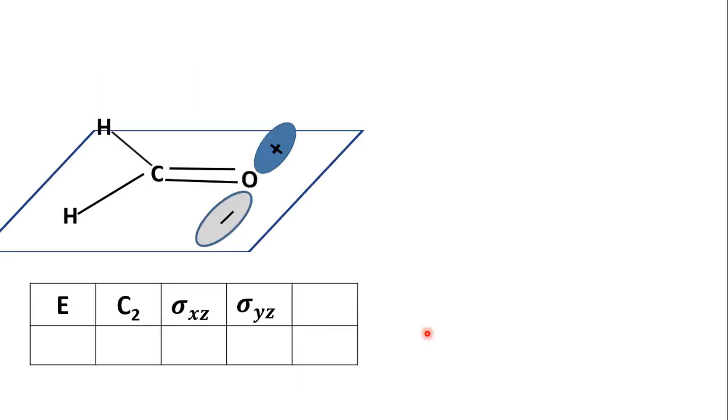The non-bonding orbital is present over oxygen in the molecular plane, unlike the pi orbitals which are present perpendicular to the molecular plane.